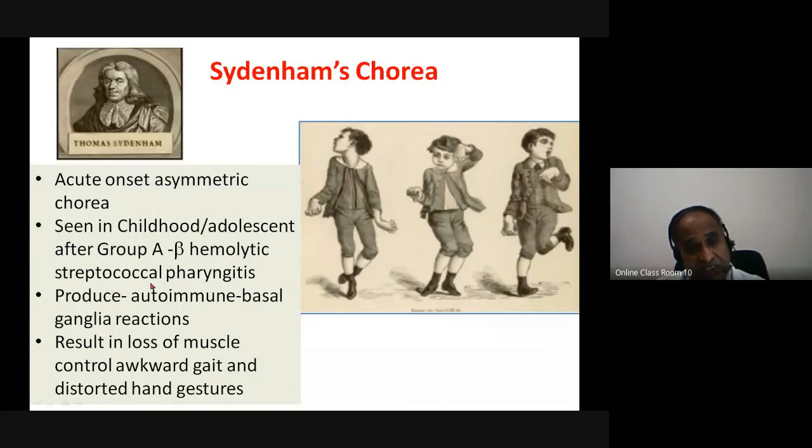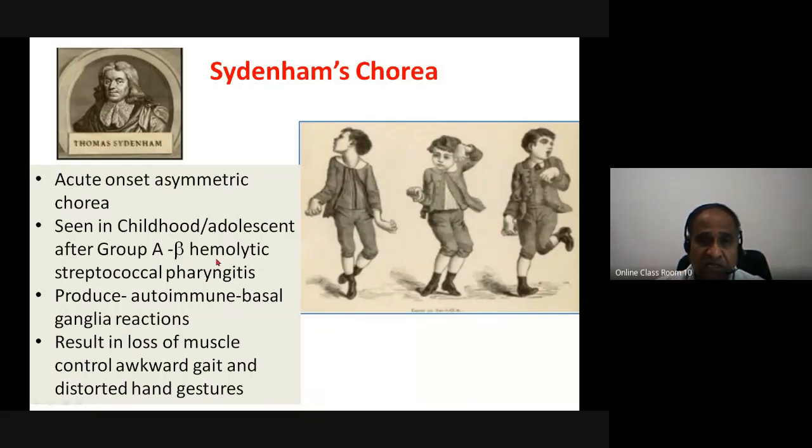What happens? It produces immunological responses and destroys the putaminergic circuits, or the basal ganglia circuits, or suppresses them.